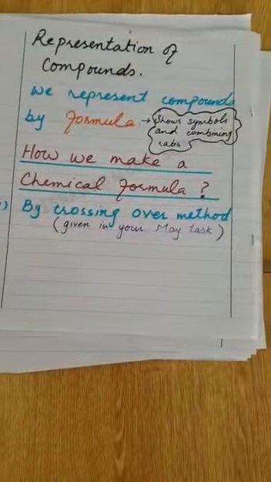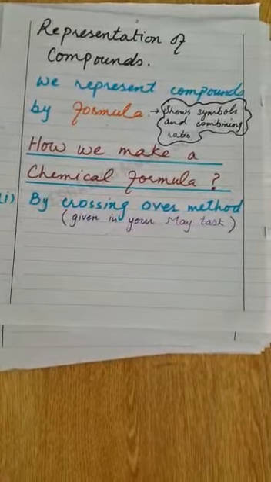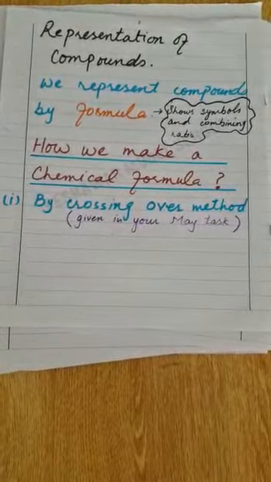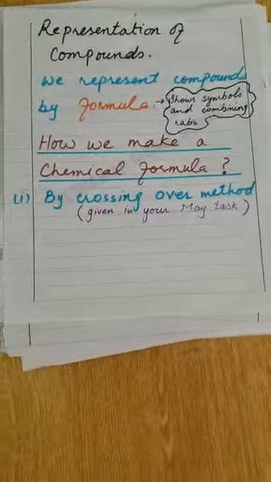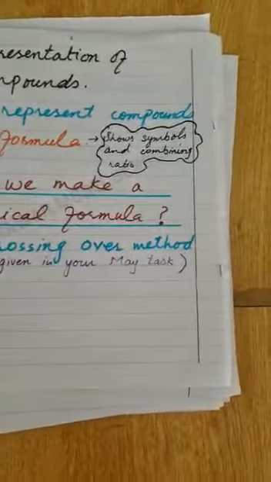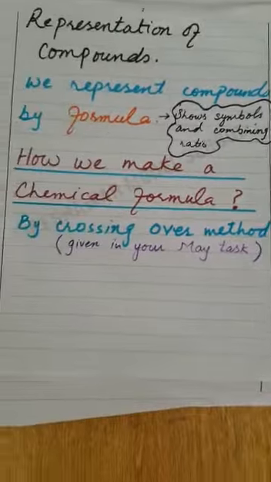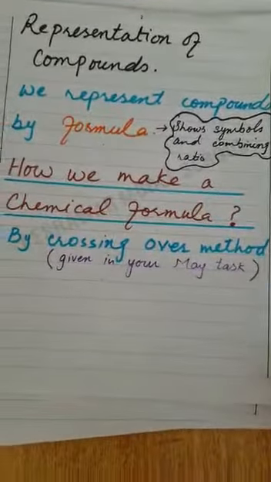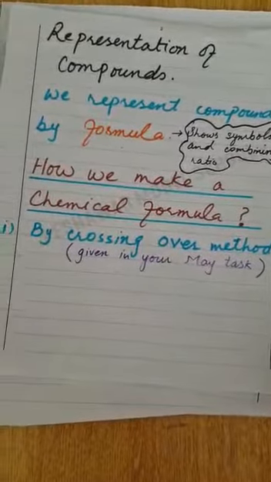After that we discussed the chemical formula. As you know very well, the elements are represented by symbols. Similarly, the chemical compounds are represented by the chemical formula, and the chemical formula shows you the symbols and the combining ratios of the elements which are present in a chemical compound. Now in this lecture we discuss how we make the chemical formula.